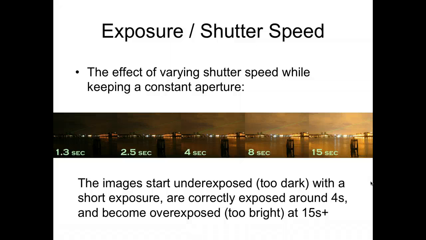It's too dark, not enough light has come through the camera. A correct exposure, around 4 seconds in the middle of this strip, means that we had just enough light coming through the camera. And then finally, a photo that's overexposed or too bright, the example would be the 15-second one over there, can cause some of our photos to be washed out, or a lot of our detail can also get lost as well too.